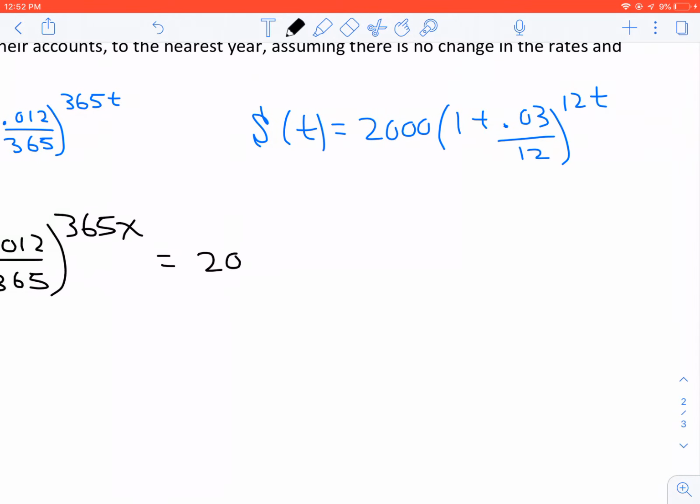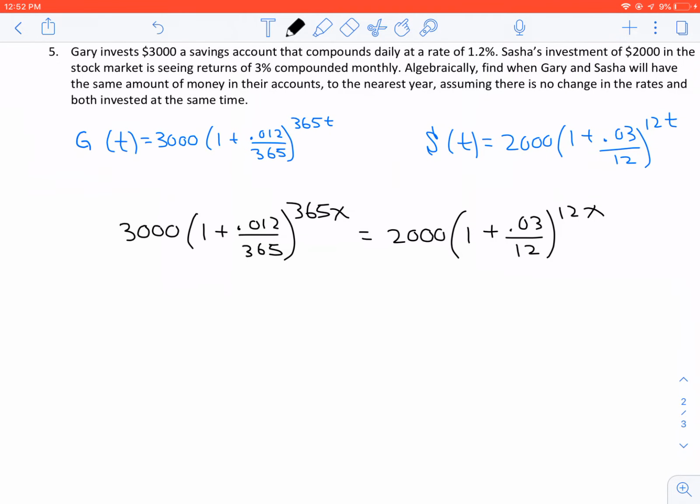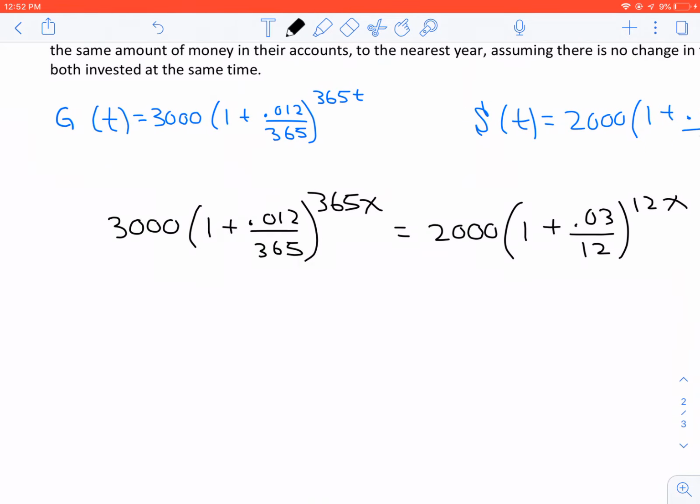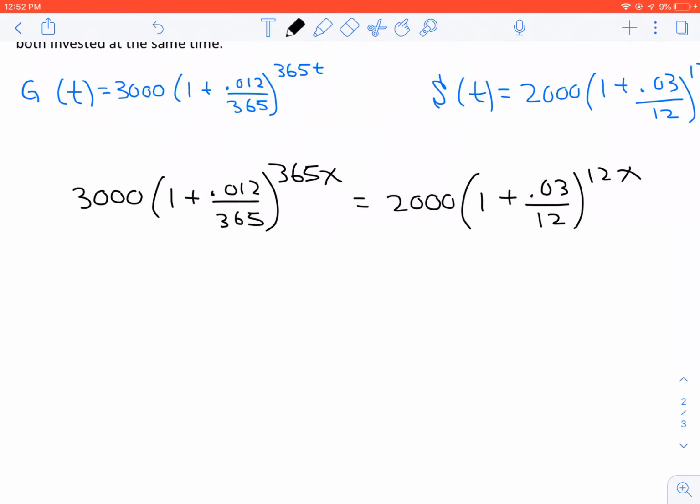In pretty much all the homeworks I've checked so far, everyone was able to set this part up correctly, but then it's, how the heck do we solve this? Most people try to take the log of both sides at this point. Before I do that, I'm going to divide both sides by 2,000 just to clean up the coefficients.